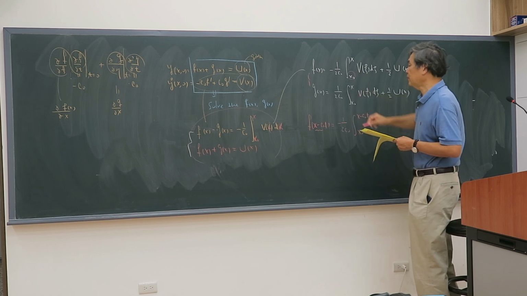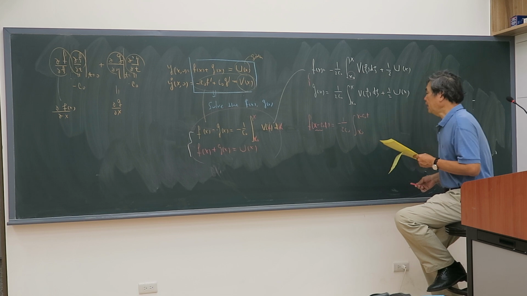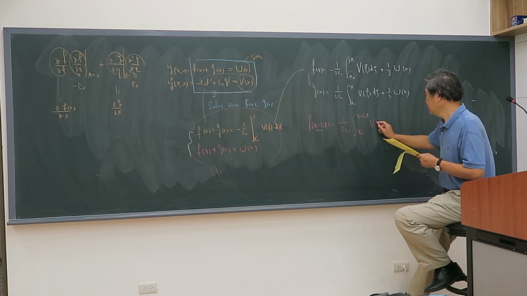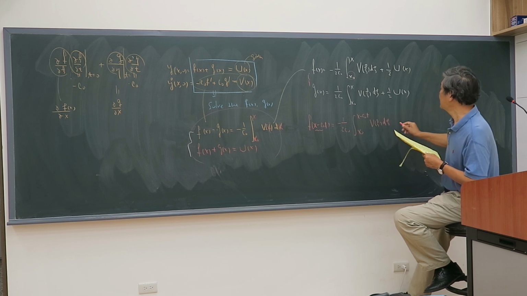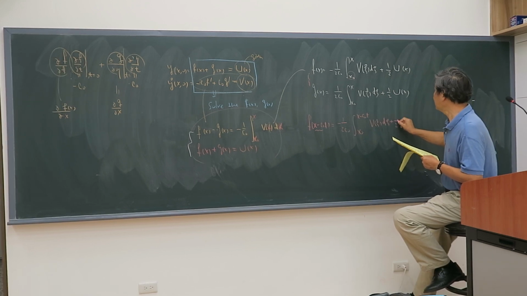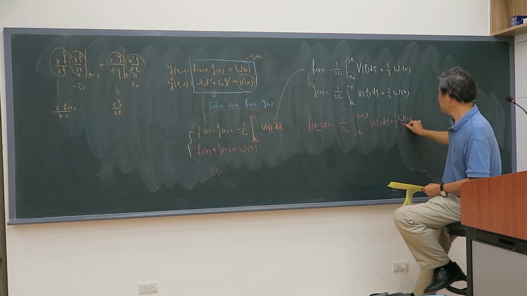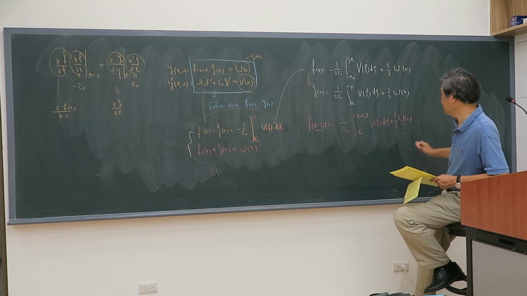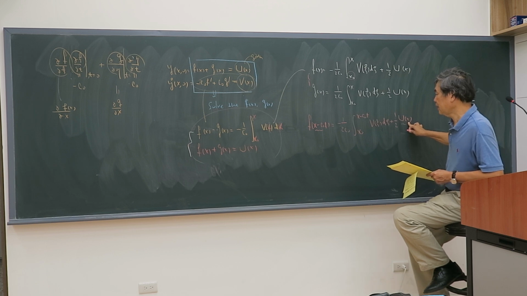Okay, so this is a fixed value. And v d alpha plus half u(x). So this is a given function, no time here.